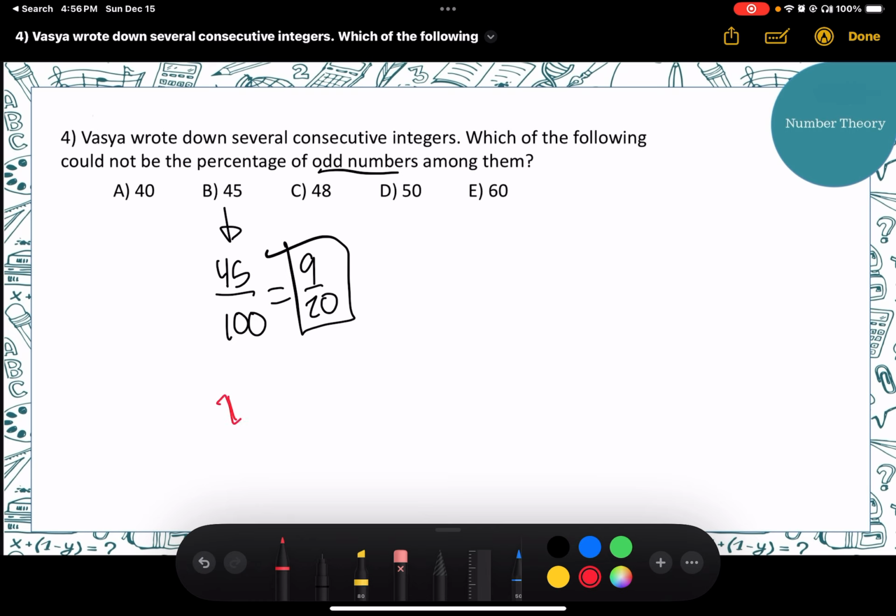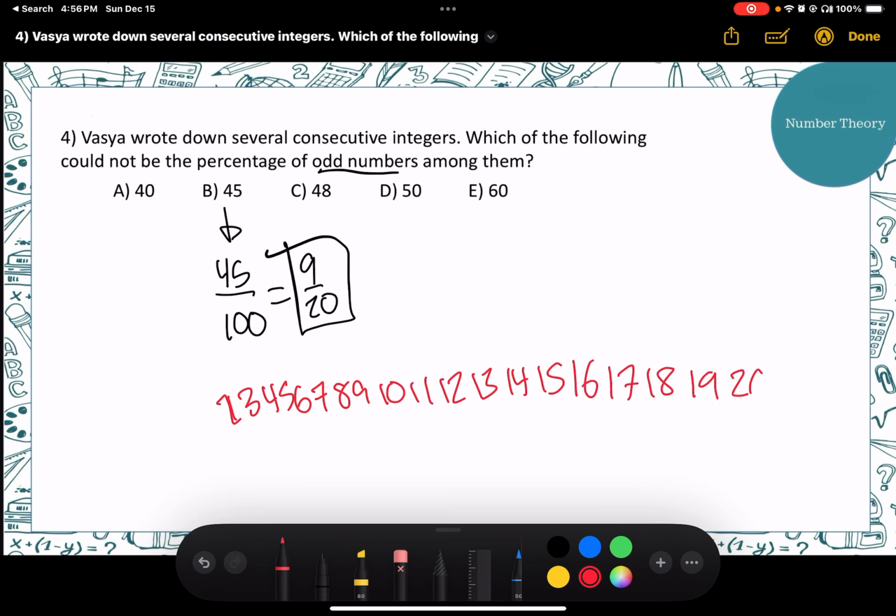Because, okay, if we start with 2, 3, 4, 5, 6, 7, 8, 9, 10, 11, 12, 13, 14, 15, 16, 17, 18, 19, 20, 21. Out of 20 numbers, here's the thing.